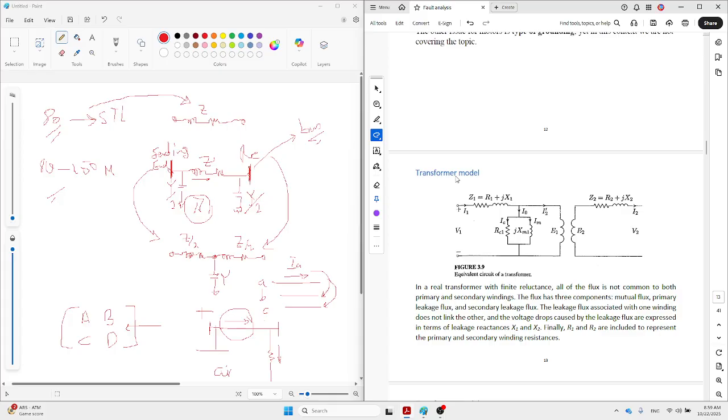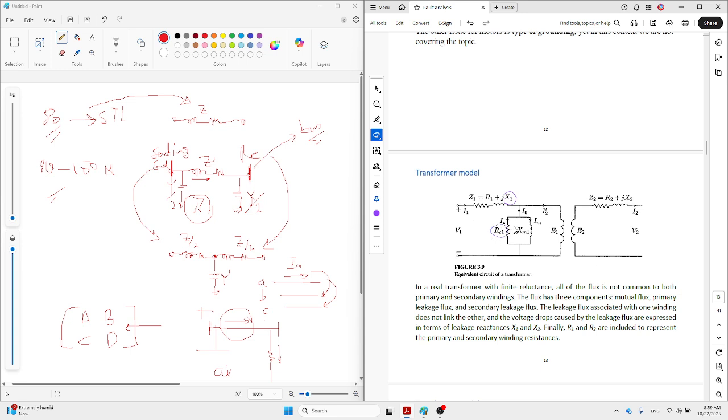The transformer model is fully explained in electrical machines. R1 plus jX1 is related to the primary side or first winding, whether high voltage or low voltage. R1 is related to the conductor resistance. X1 is the leakage reactance, from flux leaking out of the core.